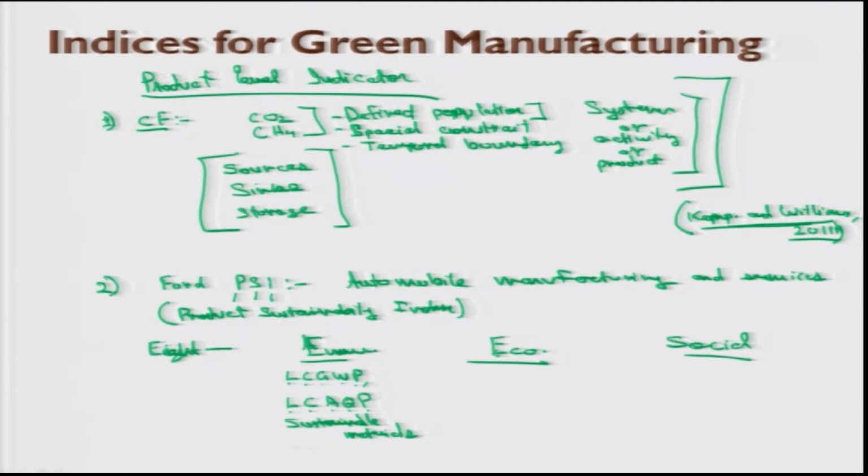Then restricted substances, and the last indicator here is drive exterior noise. In the economic area they had only one indicator, that is life cycle cost of ownership.